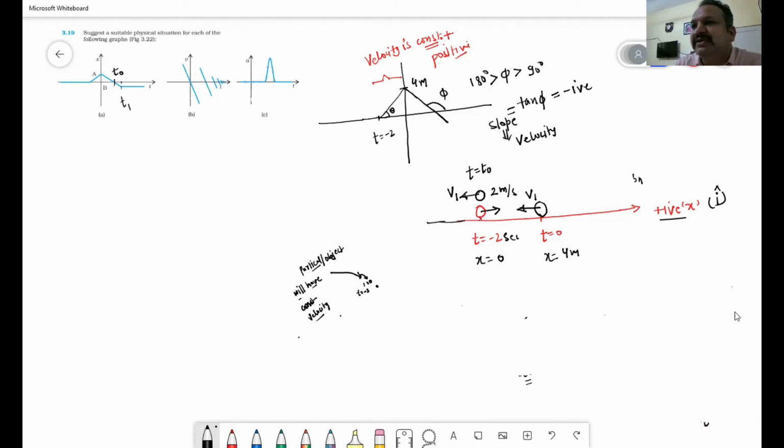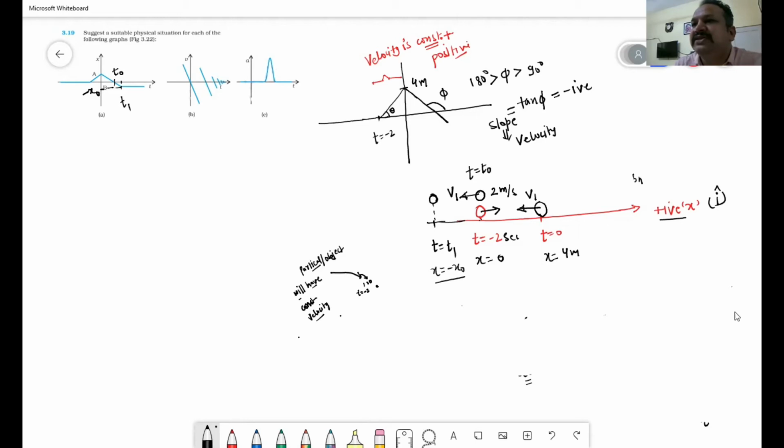At time t is equal to t1, this ball will have this position. I am representing it as the negative position, so this is the negative x0 position.